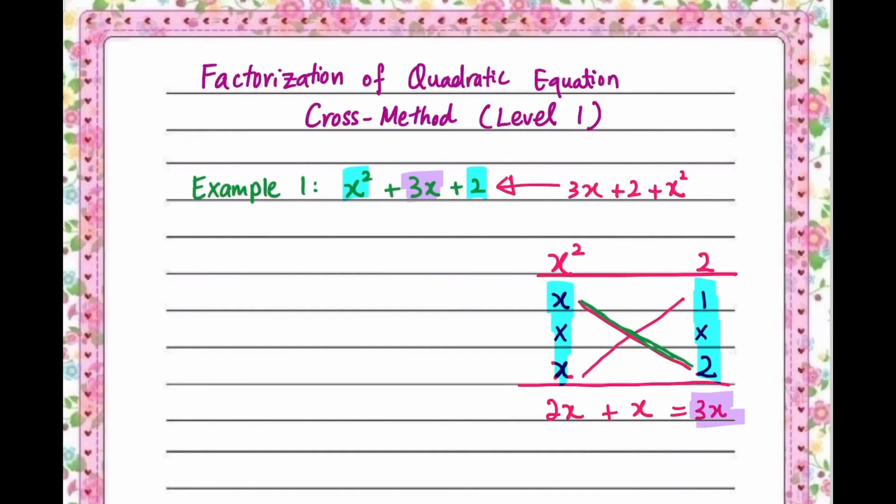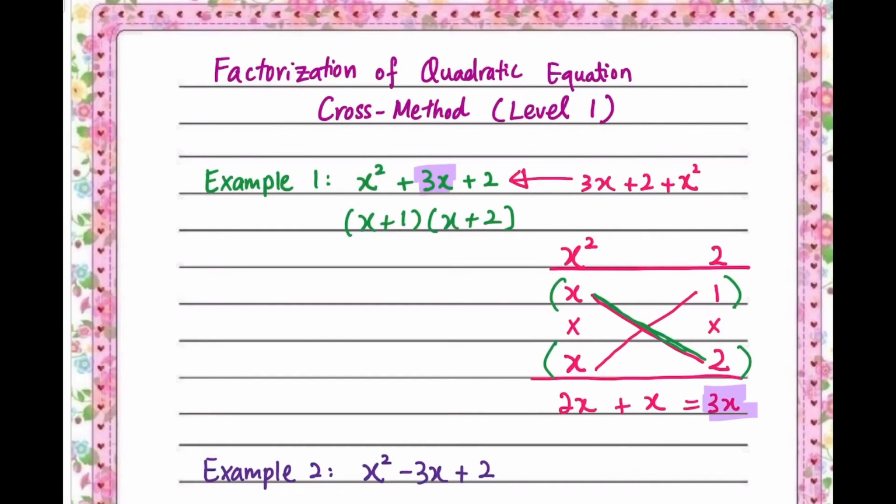So once I'm done with the question, I exactly copy down the expressions from here, following the signs too. So I will have x plus 1 and x plus 2 as the factors here.